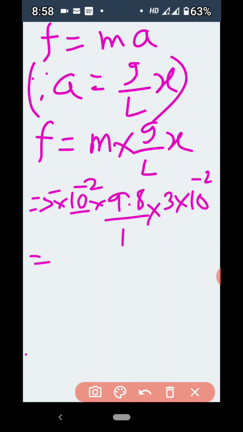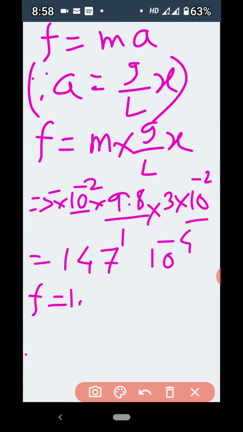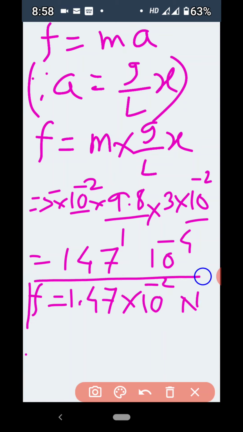This 10 raised to minus 2 and this 10 raised to minus 2 become 10 raised to minus 4, and 5 into 9.8 into 3 becomes 147. Therefore F is equal to 1.47 into 10 raised to minus 2 Newton. This is the final answer.